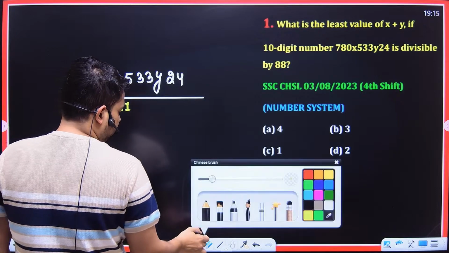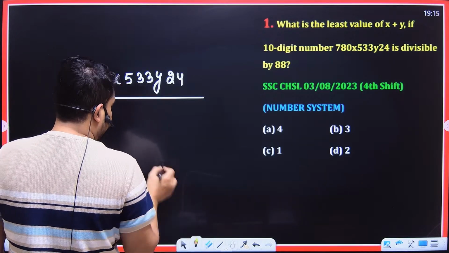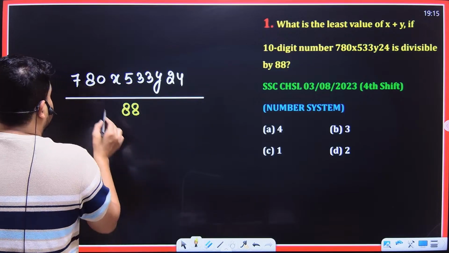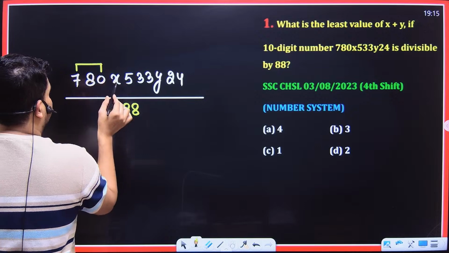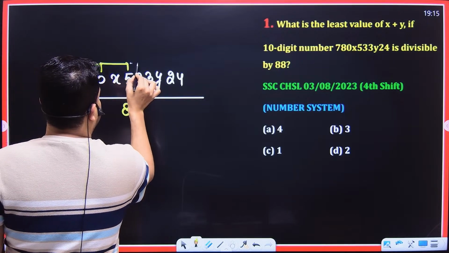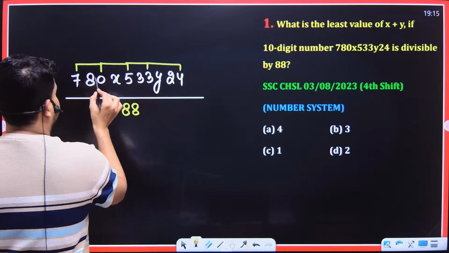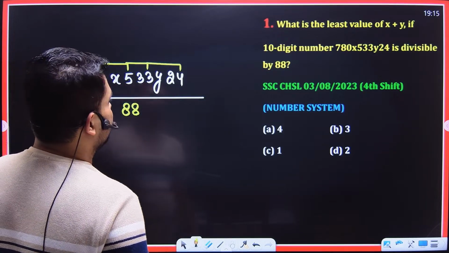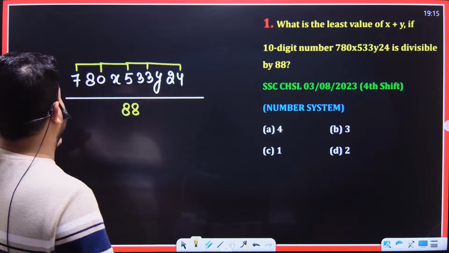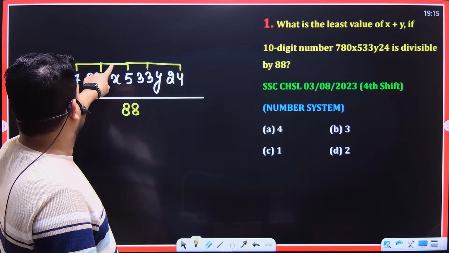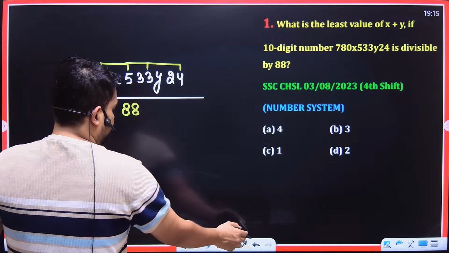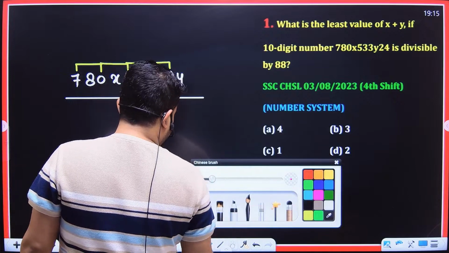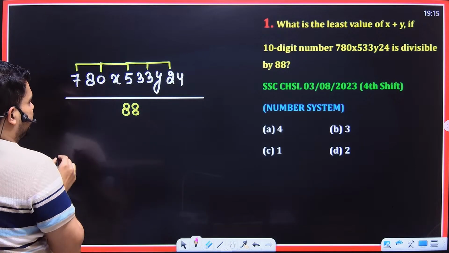Here the digits 7, 0, 5, 3 and 4: 7 plus 5 plus 3 plus 2 is 17.